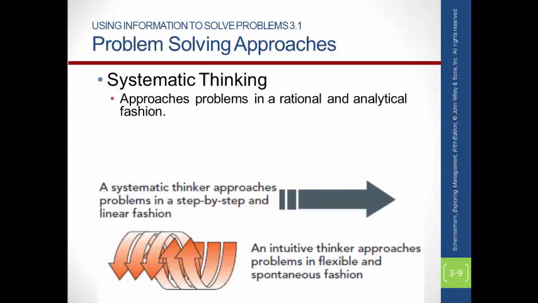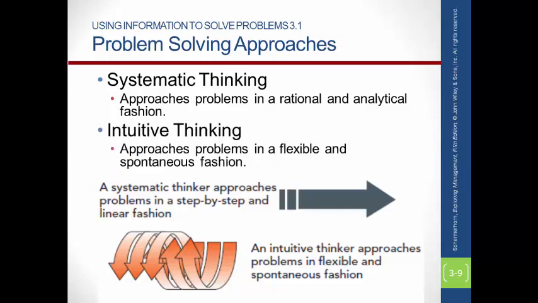Systematic thinking. This is when we approach problems in a rational and analytical fashion. You could think of a term like logical. Intuitive thinking is when we approach problems in a flexible and spontaneous fashion. Certainly doesn't mean one is right or wrong.